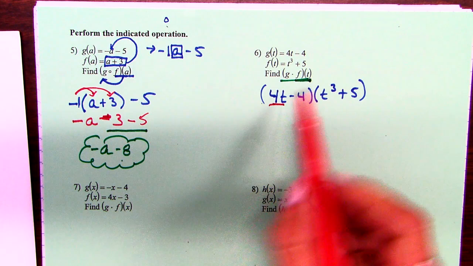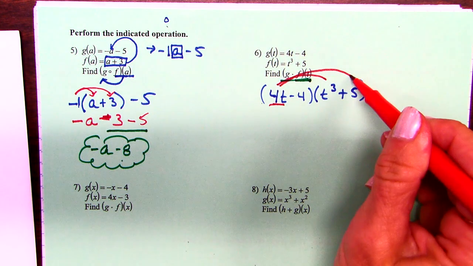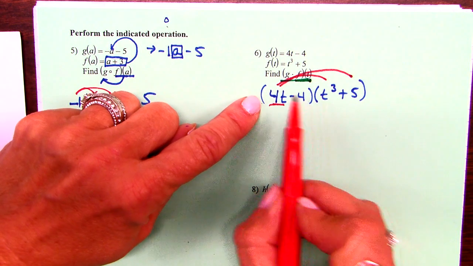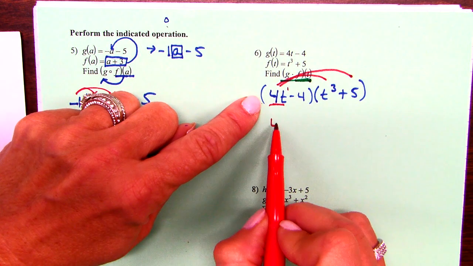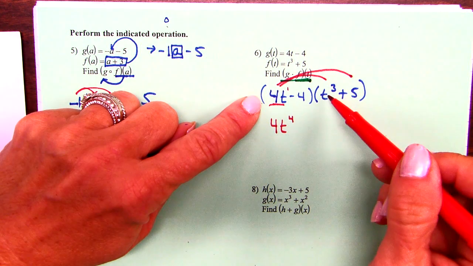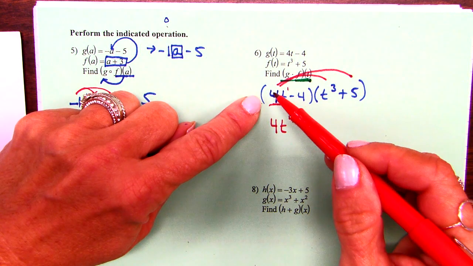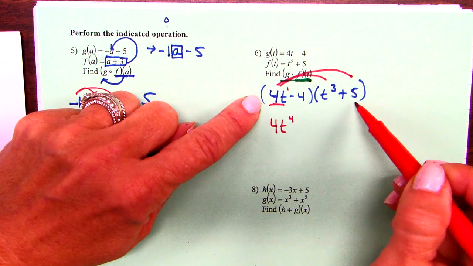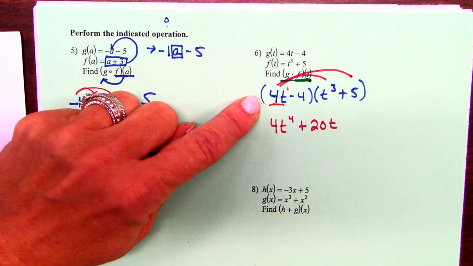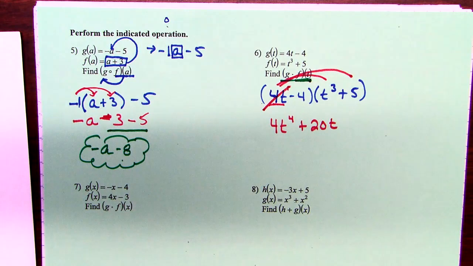Remember, you're doing 4t times everything first, and then we'll do negative 4 times everything. So 4t times t to the third, we add our exponents. 4t to the third, 4t times 5, 20t. We're done with the 4t.